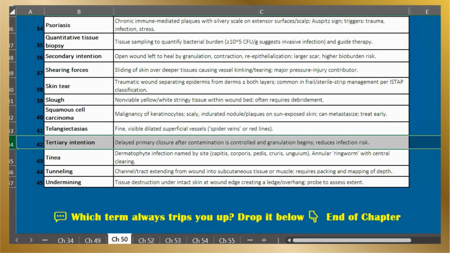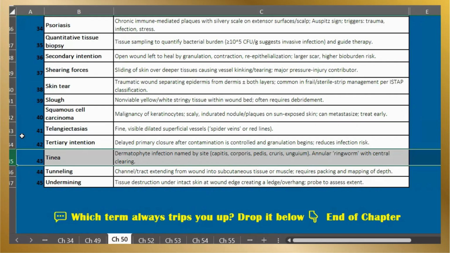Tertiary intention, delayed primary closure after contamination is controlled and granulation begins. This reduces infection risk. So tertiary means third option: delay, then close. So you have primary, secondary, and tertiary.